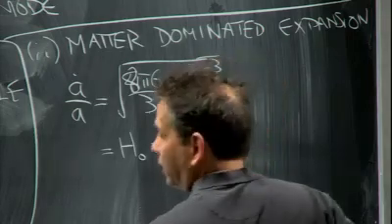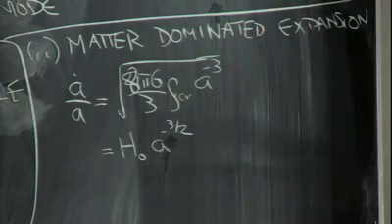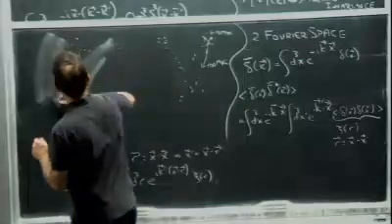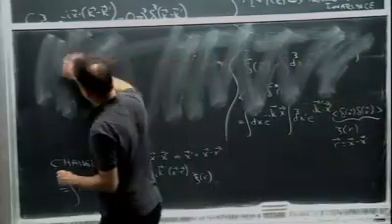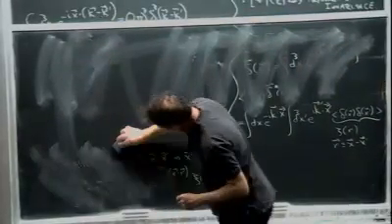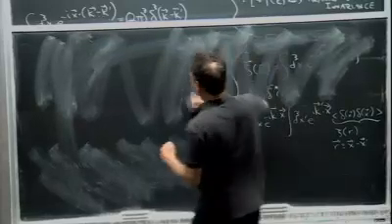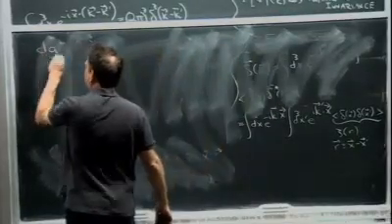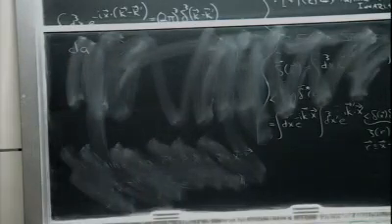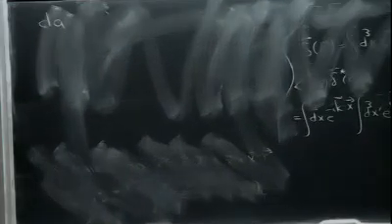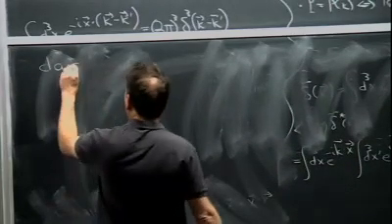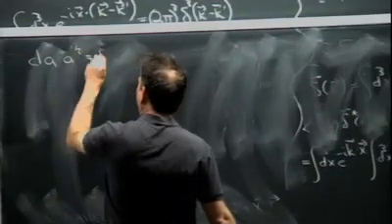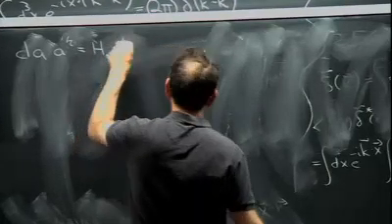I think it's hard for you guys to see, so let me move over here. So you look at this equation, dA, and then there is an a to the minus 3/2 here. So if I multiply that, I get an a to the plus 1/2. Is that right? a to the 1/2 da is equal to H naught dt. Do you agree?